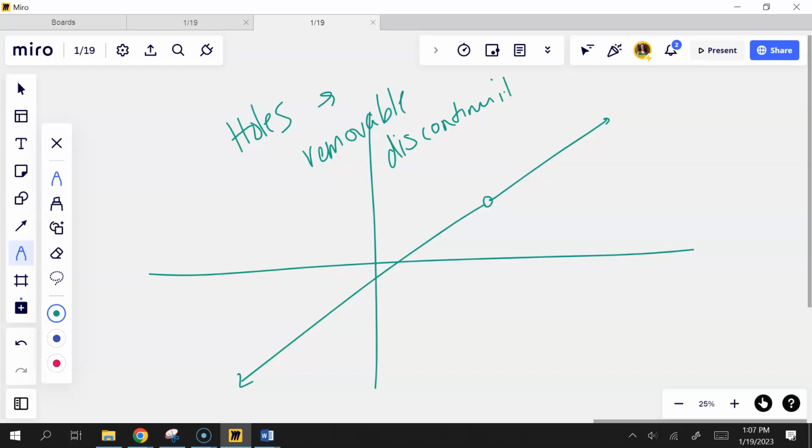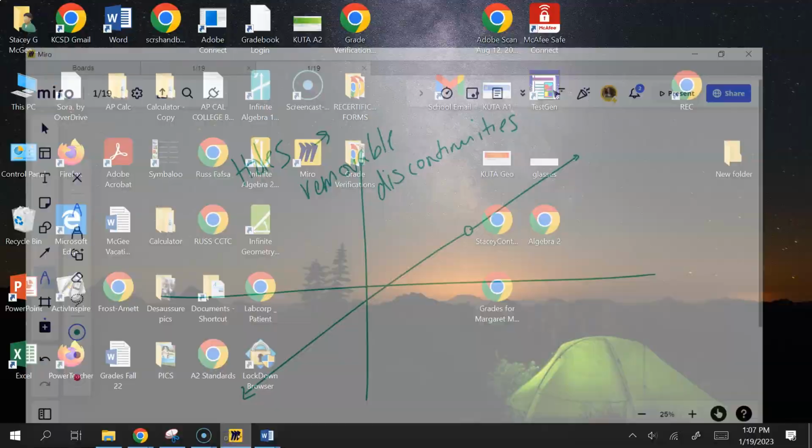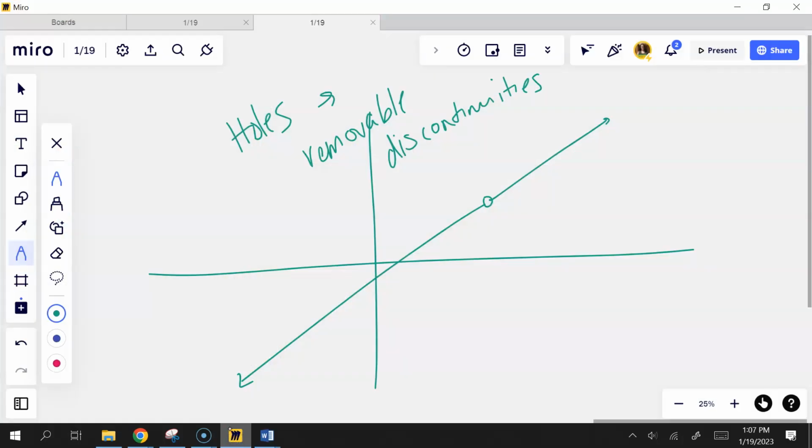If I could remove that one point that's missing, I could make it continuous. Later on in pre-cal we'll talk about plugging that hole to make it continuous, but that's why we call it removable, because we remove it out to make sure that it meets all the criteria.